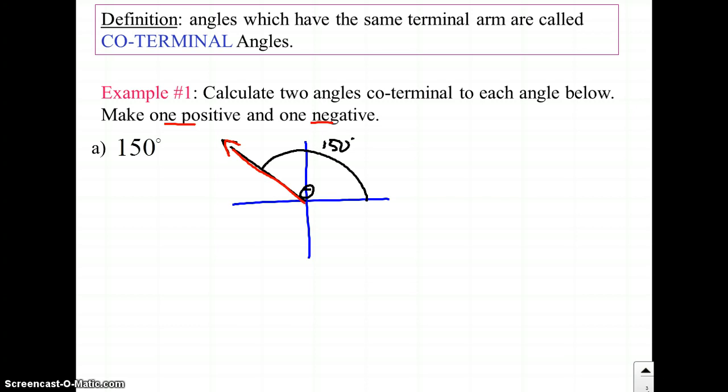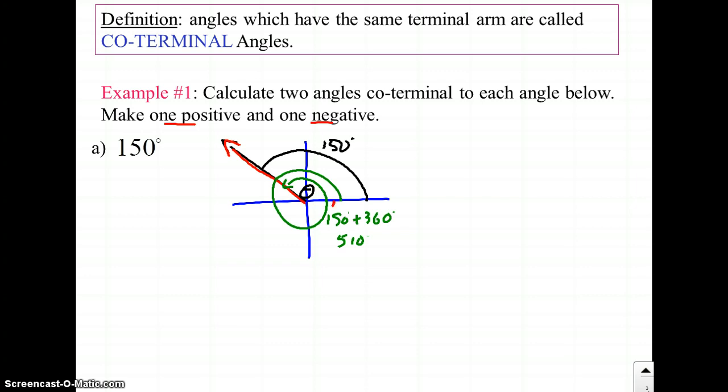That arm is going to be the same for two angles, one positive, one negative. So if I go in a counterclockwise direction, there's 150. I do another full rotation and I'll end up at that angle again. So it's going to be 150 plus a full rotation, which is 360 degrees. So 150 plus 360, one coterminal angle should be 510 degrees. I could go in a negative direction. So this is my coterminal arm.